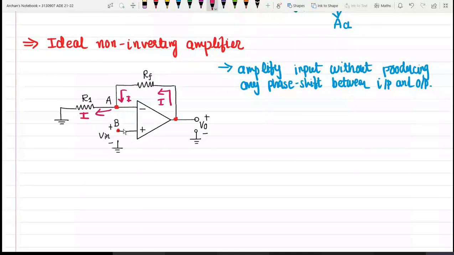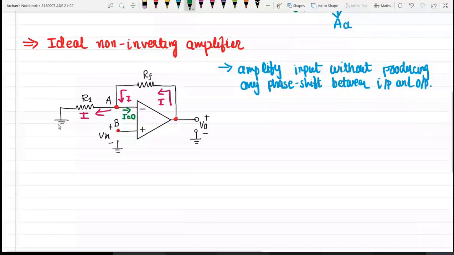Now there are two possibilities at terminal A. Some part of the current may flow in this direction and some part in this direction, but as per our realistic assumption, the current toward the operational amplifier is equal to 0. So the entire current I will flow in this particular direction only. From the output terminal through the feedback resistor, through terminal A, through the R1 resistor, the entire current will be grounded, causing a voltage drop across these two resistances.